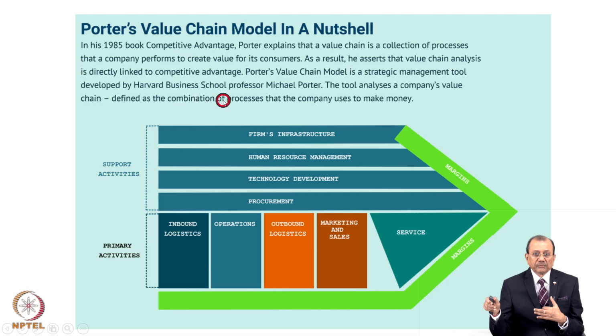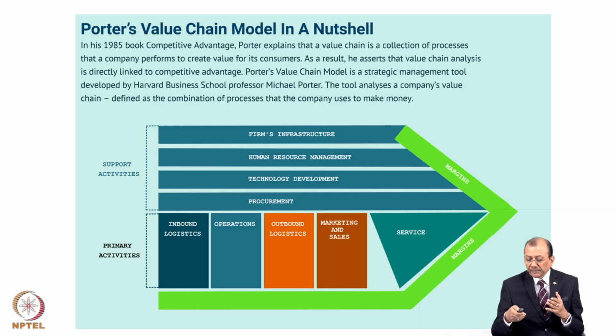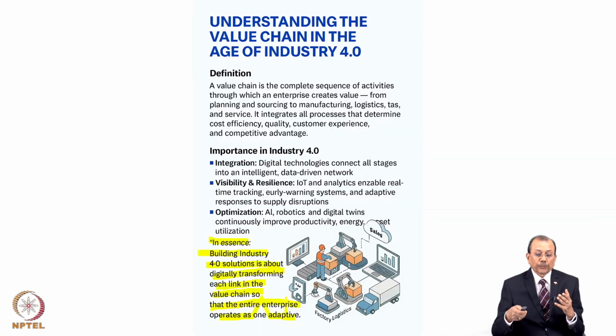So this Porter value chain model, as we call it, is a very important aspect to understand the concept and the elements of the manufacturing value chain. If we study further how it is related to Industry 4.0: when this was developed in 1985, there was no concept of Industry 4.0.